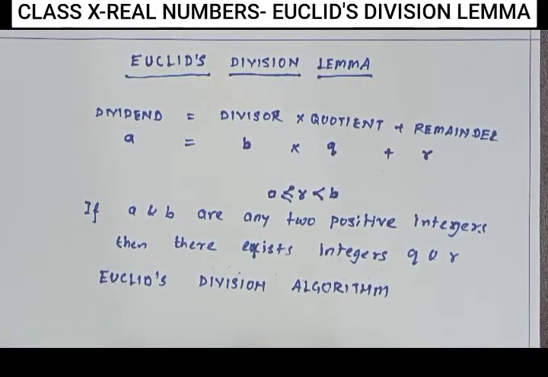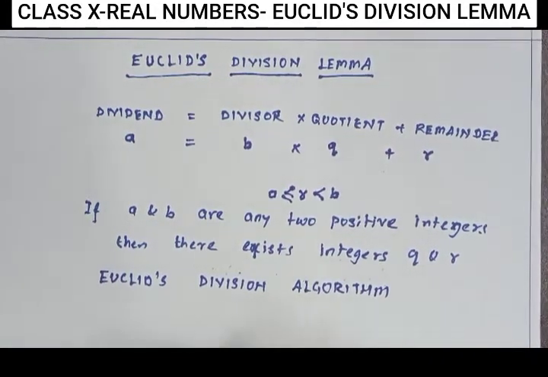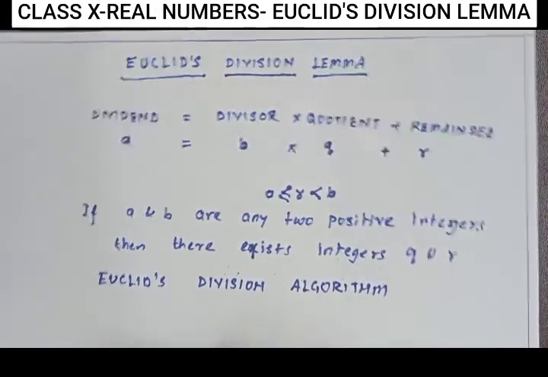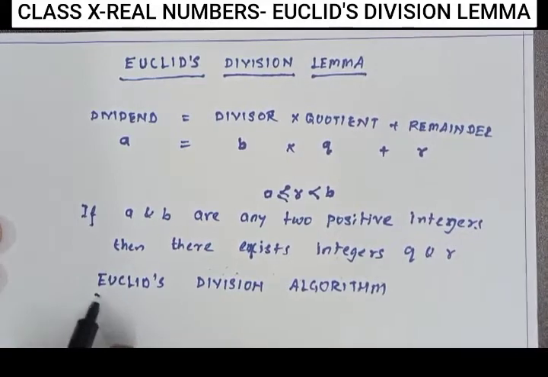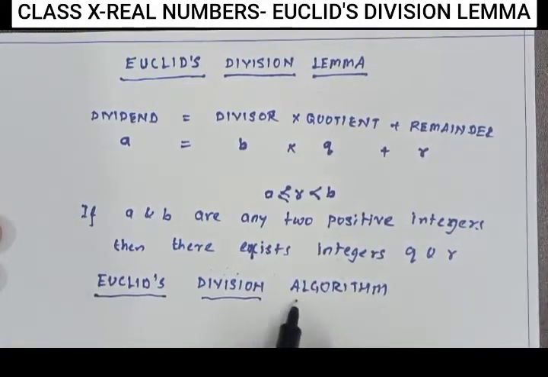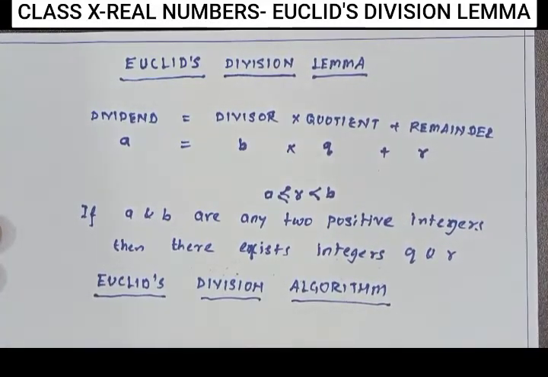Actually this word algorithm is formed out of the name of a person who designed algebra. His name was Muhammad ibn al-Musa al-Khwarizmi. Out of that al-Khwarizmi, the word algorithm has been formed. If you love computers, you might have heard this word algorithm there.